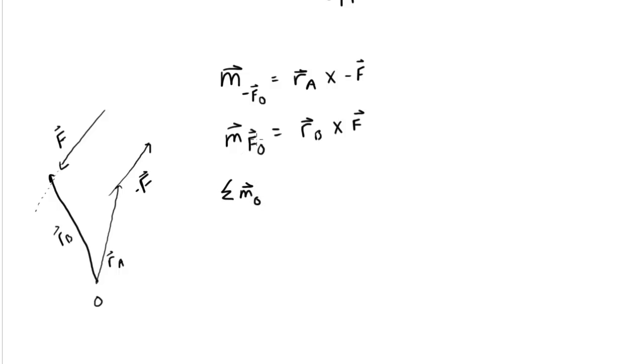So let's calculate the sum of the moments about point O. The sum of the moments means I need to add those two together, right? So we have RB cross F plus RA cross F, and it's a minus F. And this sign, of course, is just a magnitude that we can move around.